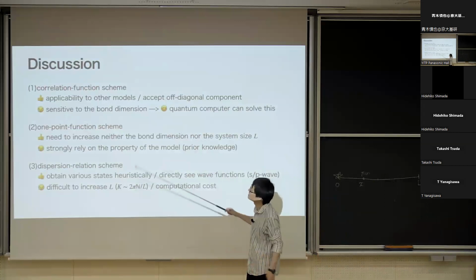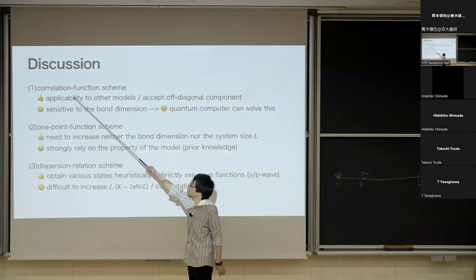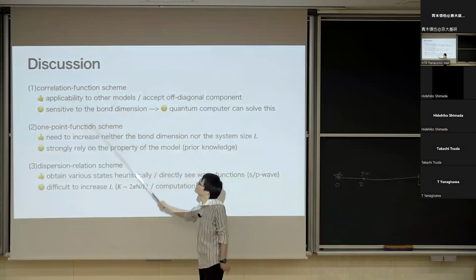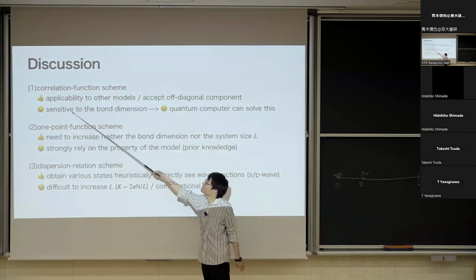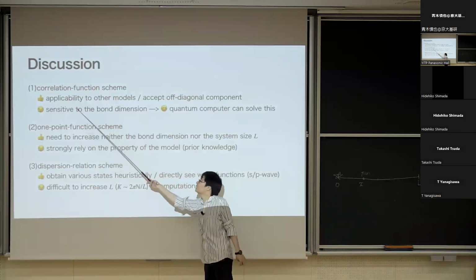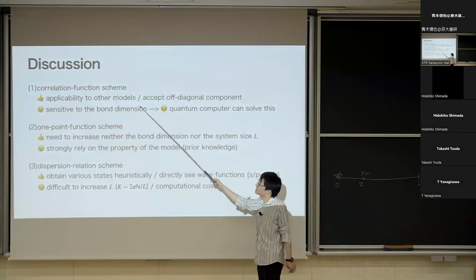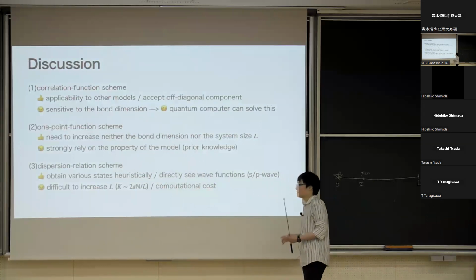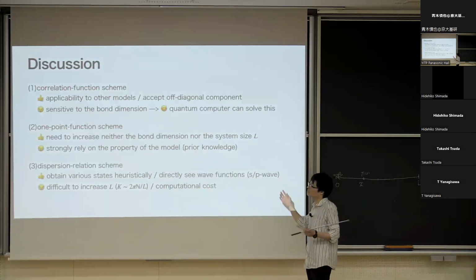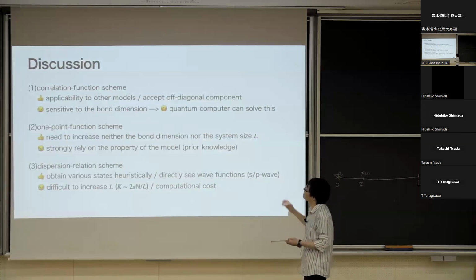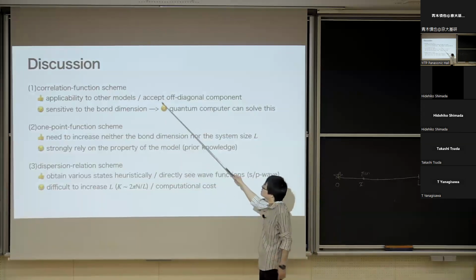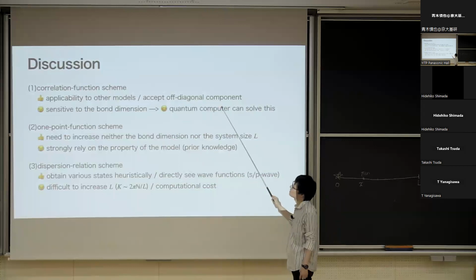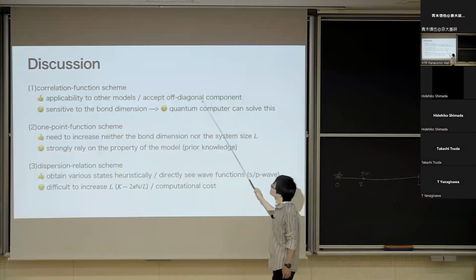features of each method. So the first one, the correlation function scheme. The advantage of this method is its wide applicability to any other models, maybe in higher dimension or larger lattice or any case. And also, the correlation function accepts off-diagonal components. I will explain that on the next slide.